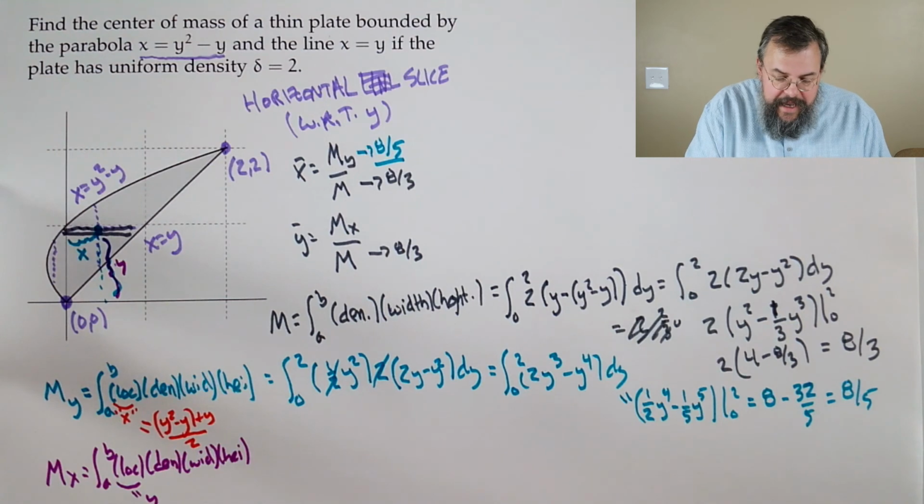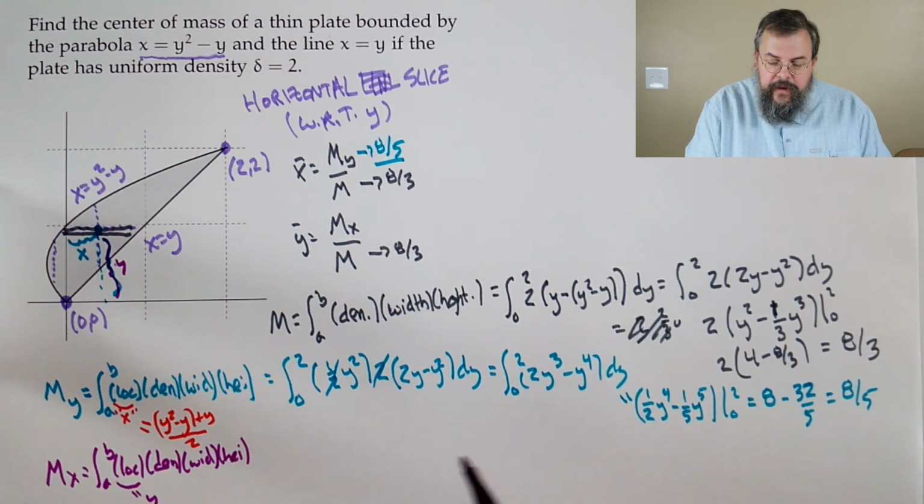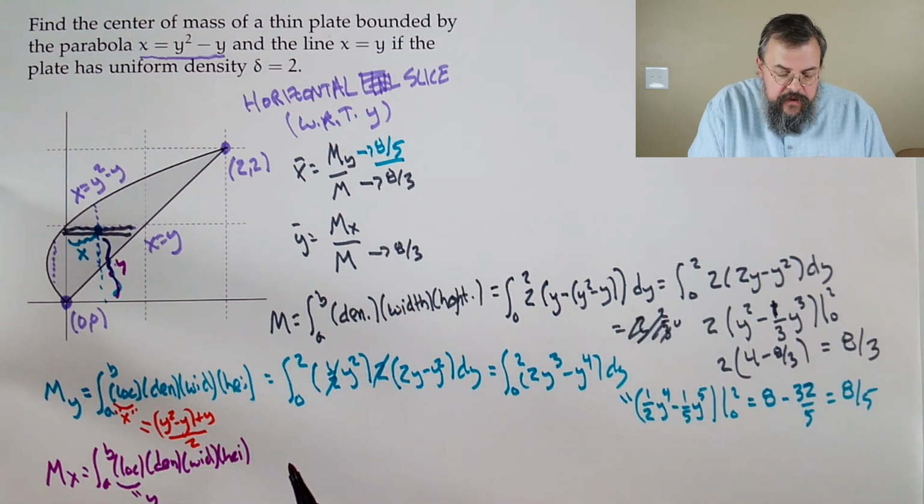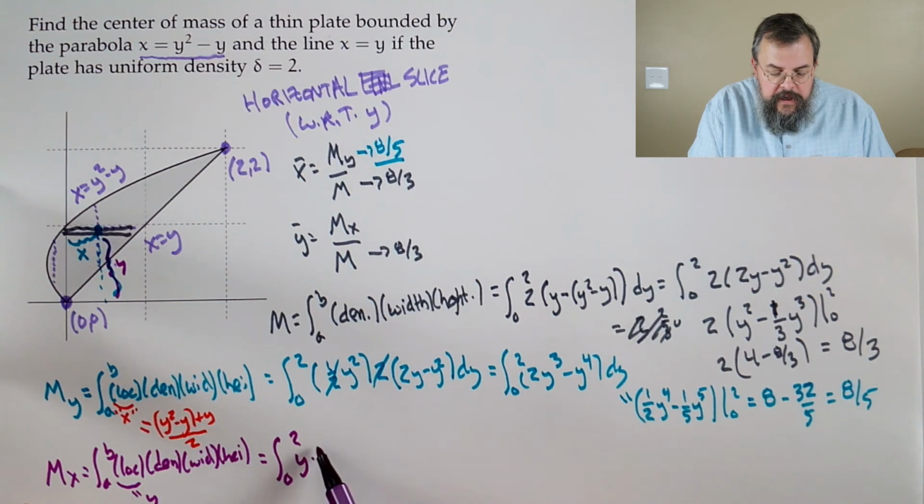So everything else is actually the exact same as what we did for mass. So this makes it pretty straightforward, right? So integral 0 to 2, we have y, that's our location, 2 is our density, 2y minus y squared is our width, and our height is dy.